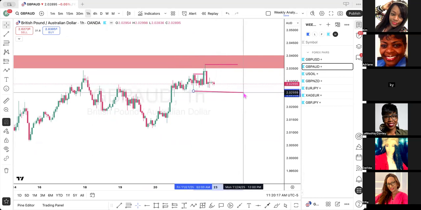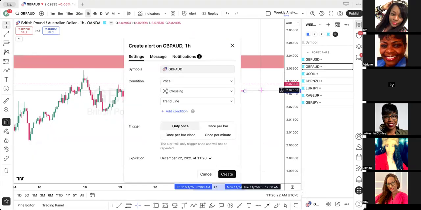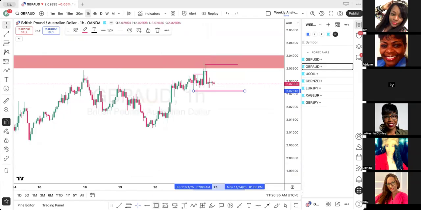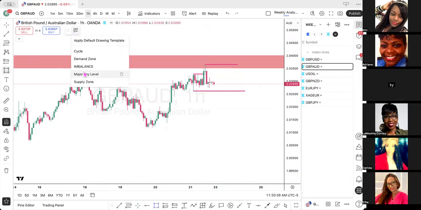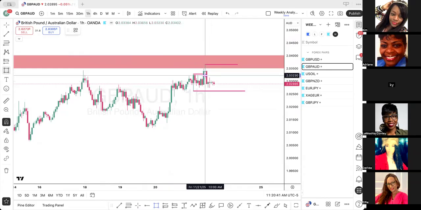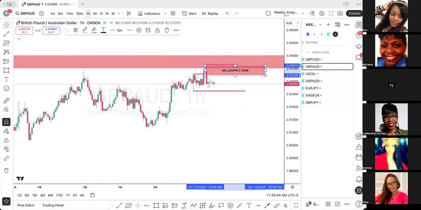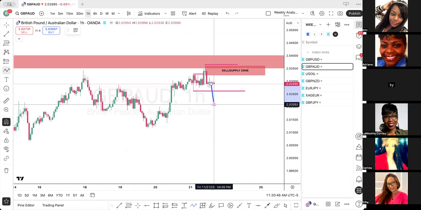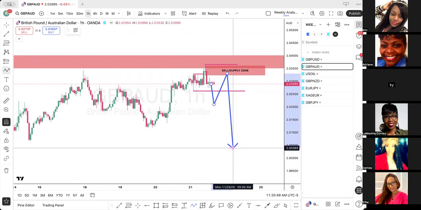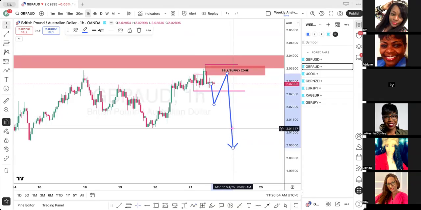So if I were trading GA, I would set an alert, crossing down, bar close. Once you get the alert, then you can mark up your supply zone. So let's just say price close below here. Then you're going to mark up this zone to look for the sell. That's what I see for GA.